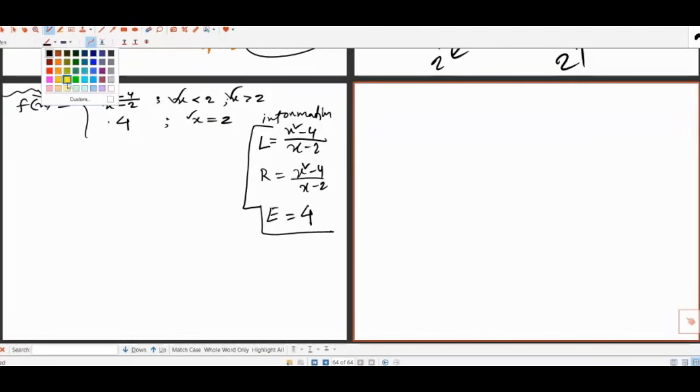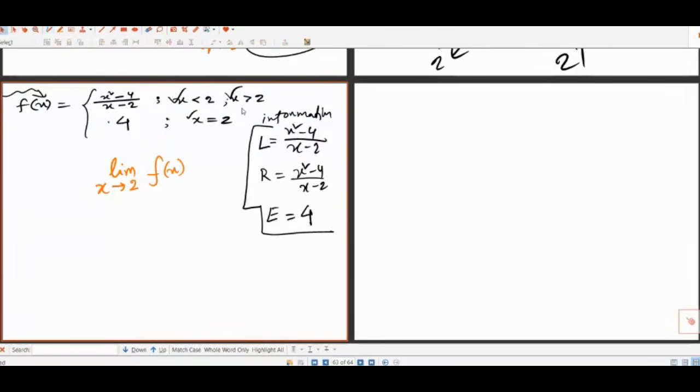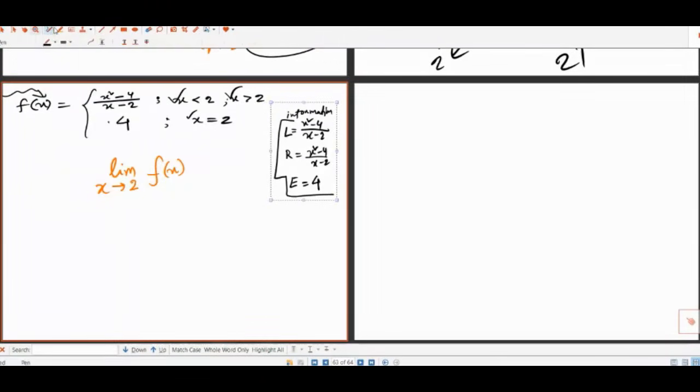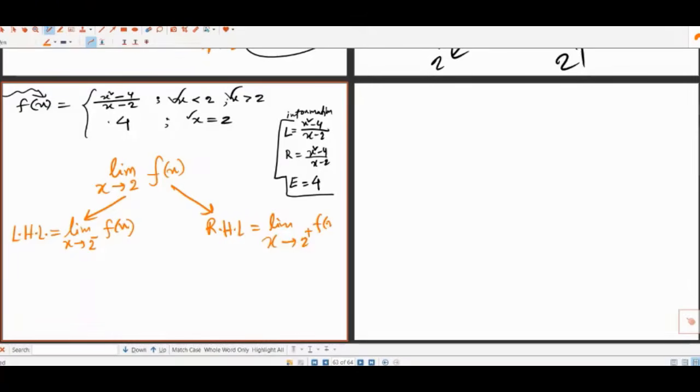Let's construct the limit. The limit of f of x, the limit of the main function as x approaches 2, can be broken into 2 pieces. The first one is called the left hand limit, limit x tends to 2 minus of f of x. And the second one is the right hand limit, limit x tends to 2 plus of f of x.